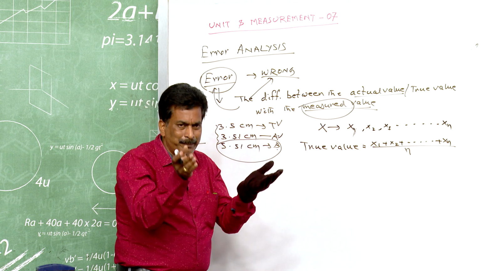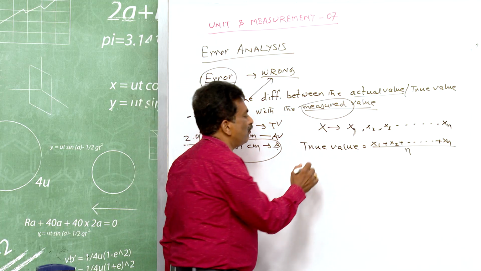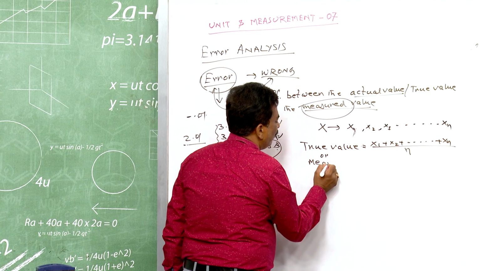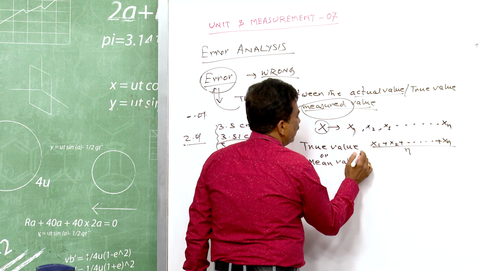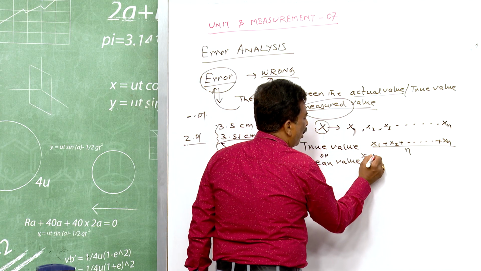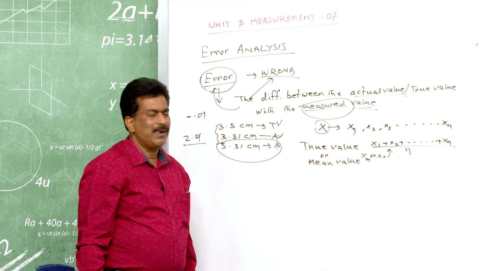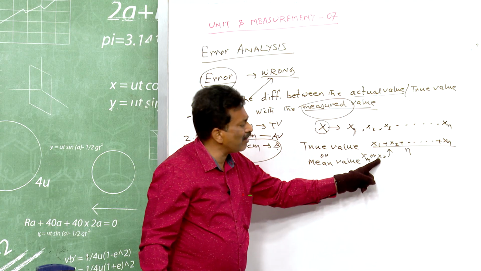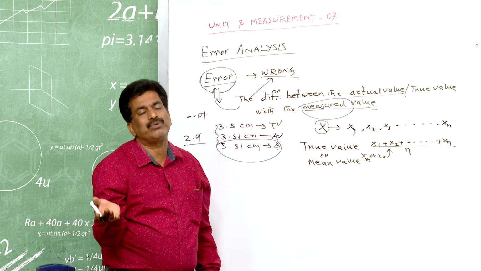If you take the mean of all those observations, then that will give the true value. So this true value or mean value, you can say this is xm, the mean of x. Out of them, some are very close to it and some are away from that one.